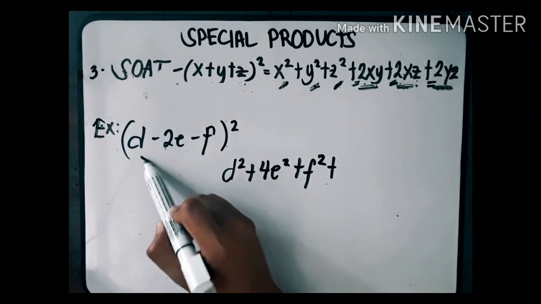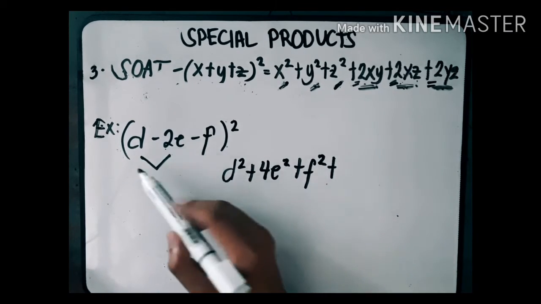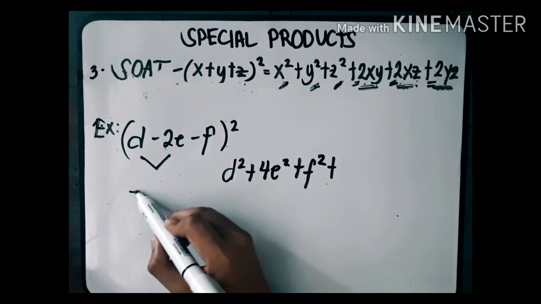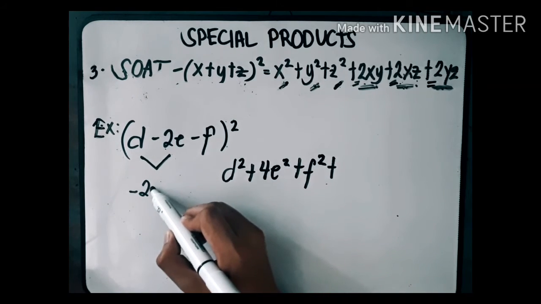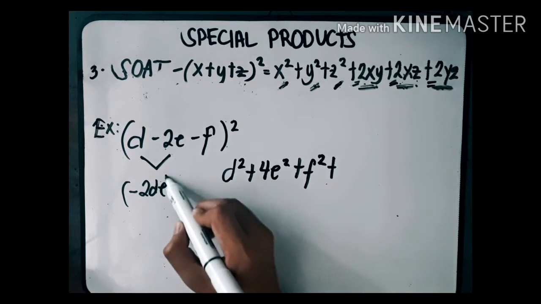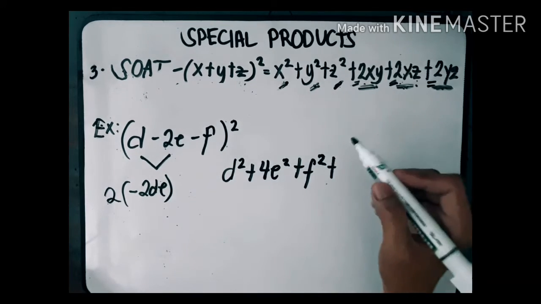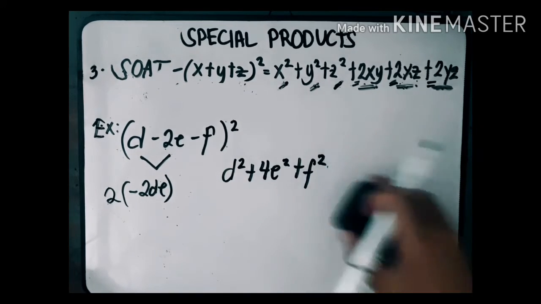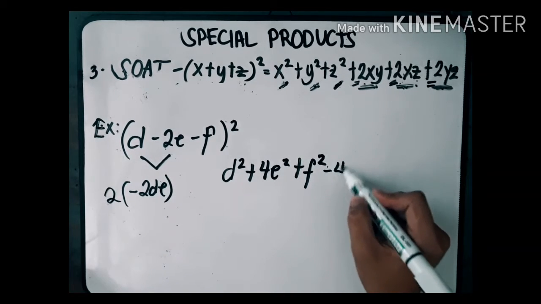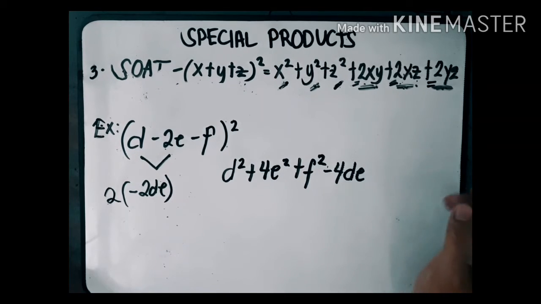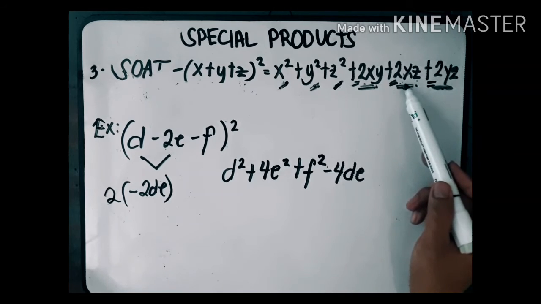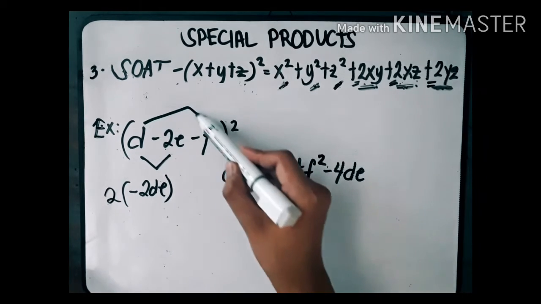So, multiply natin. 2 multiplied by negative 2e is negative 2de, and then multiplied by 2 is negative 4de.